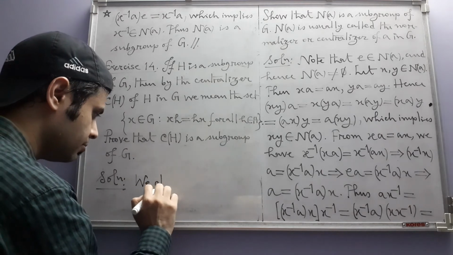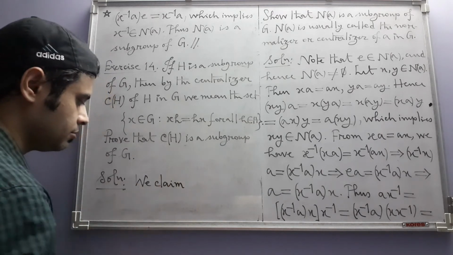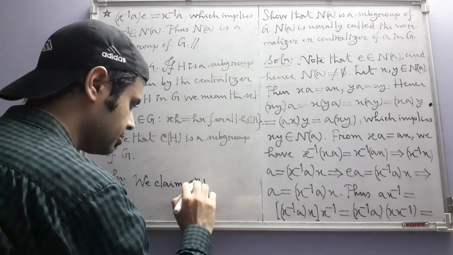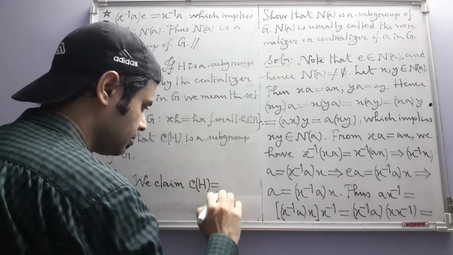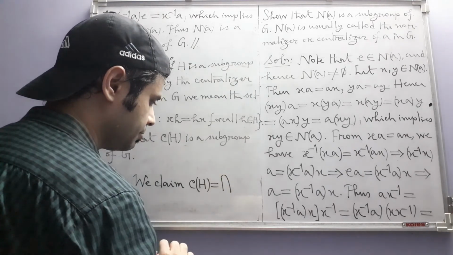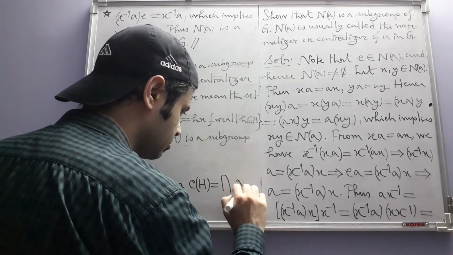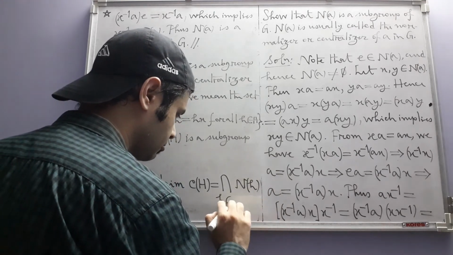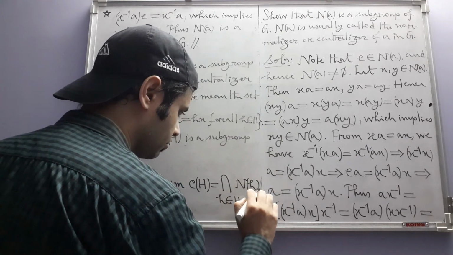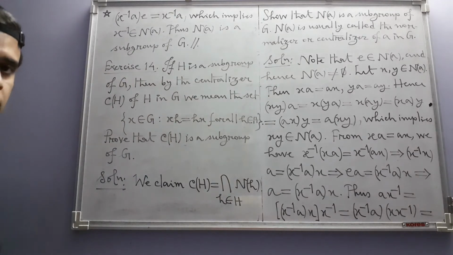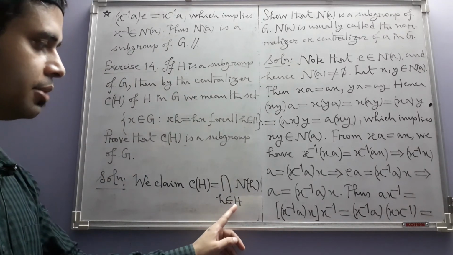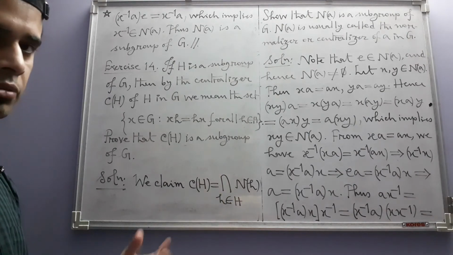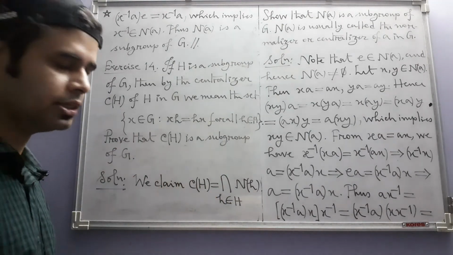We claim that CH is actually the intersection of all the normalizers of the elements of H. What will this give me if I can prove this?